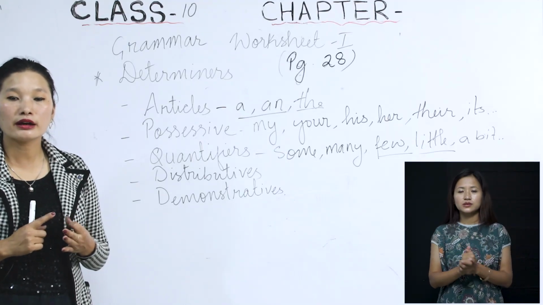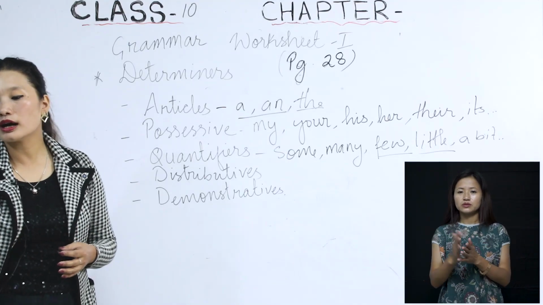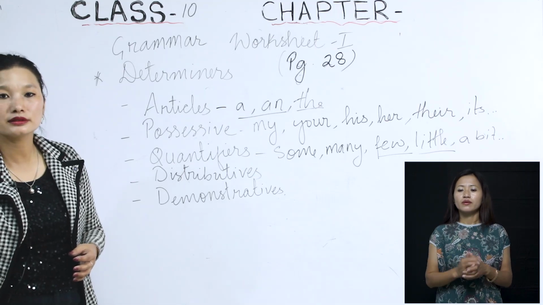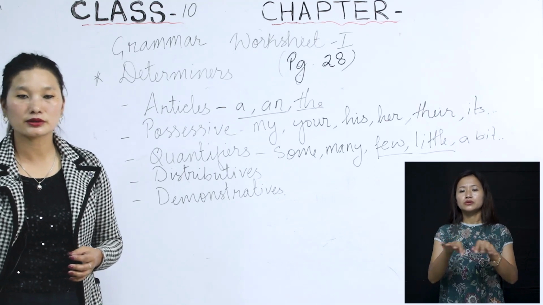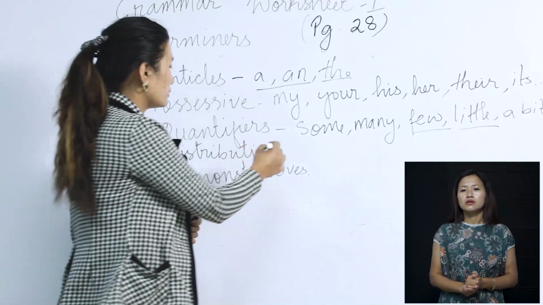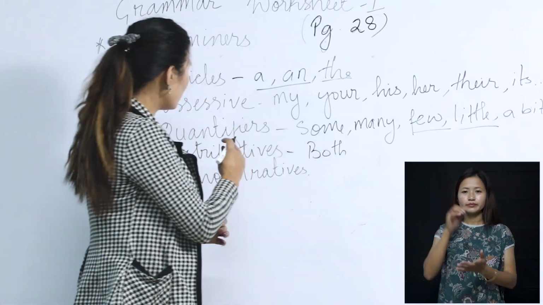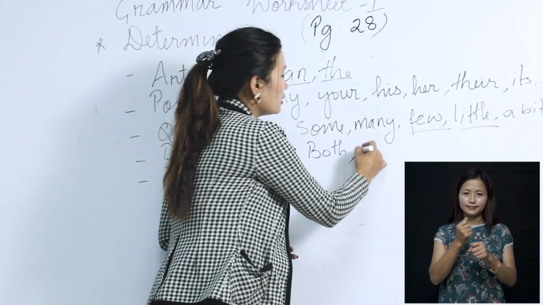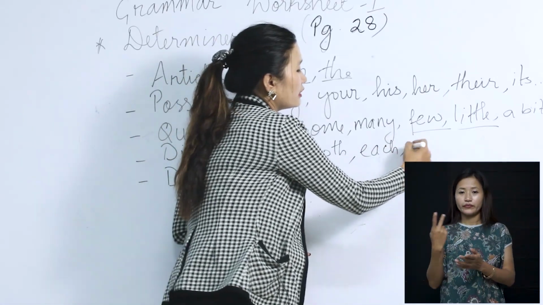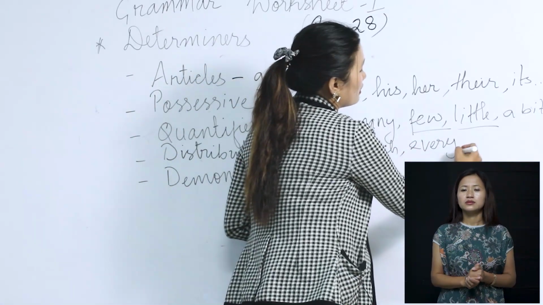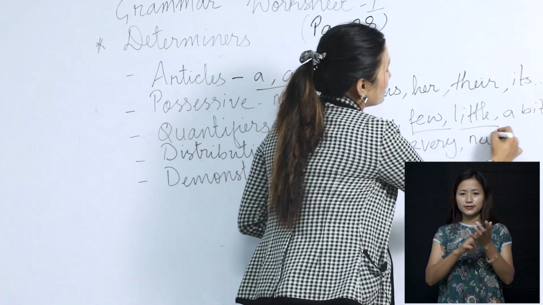Okay, both, each, every, neither, either. Those are the things that come under distributive determiners, okay? First let me give you the examples: both, each, every, neither, and either.